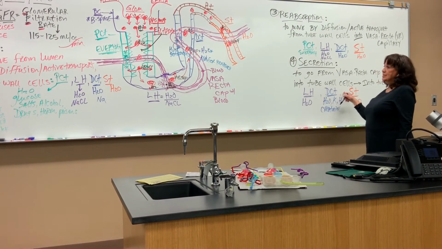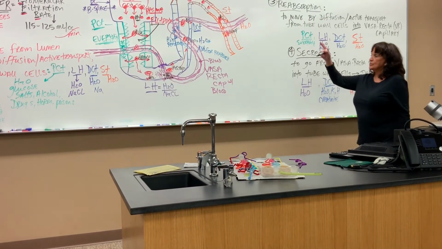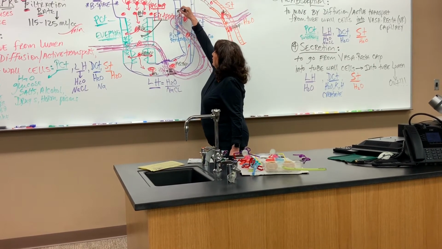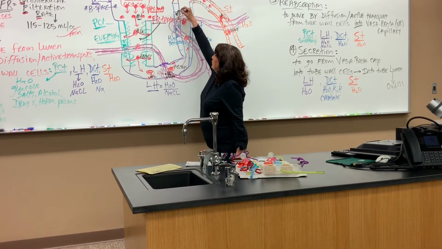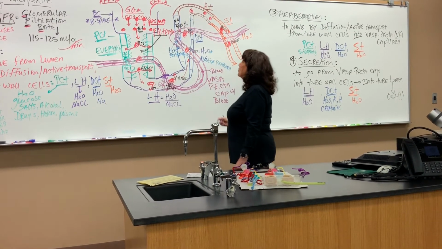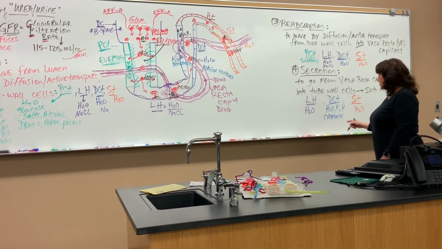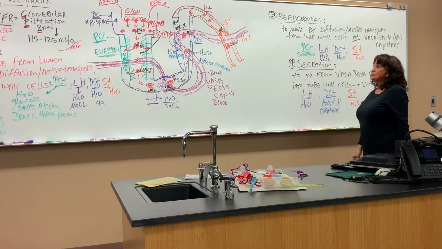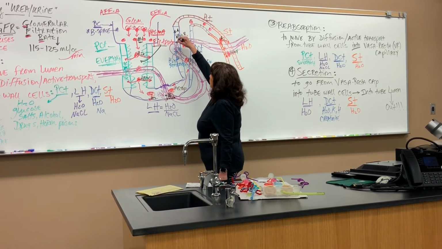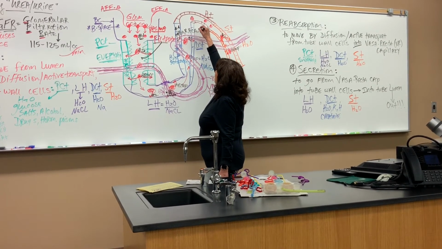The DCT, oh my gosh, it's going to pull a lot of things out of your vasa recta. It not only pulls out water for number 4, secretion, potassium is a big one, and then creatinine, which is a waste product from skeletal muscle movement, and hydrogen. And so hydrogen can also be pulled out in this step, hydrogen and creatinine, right?